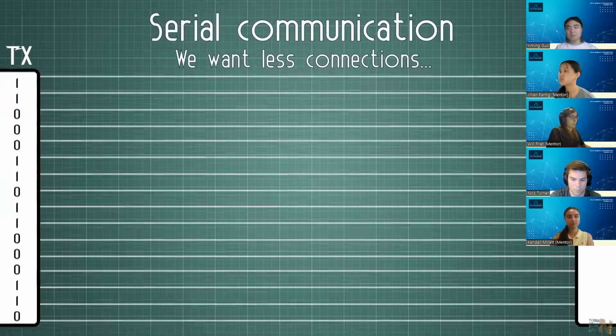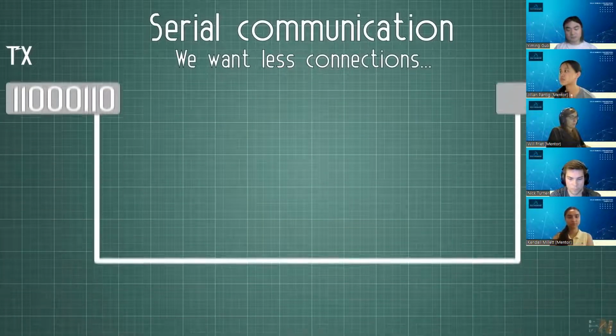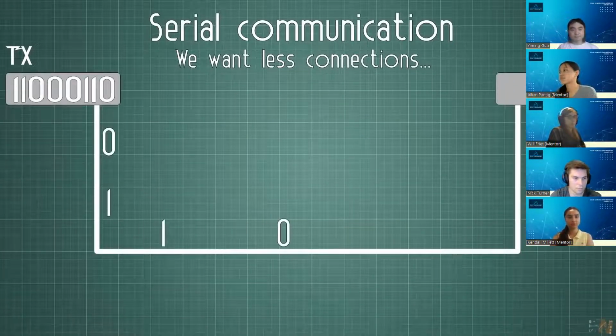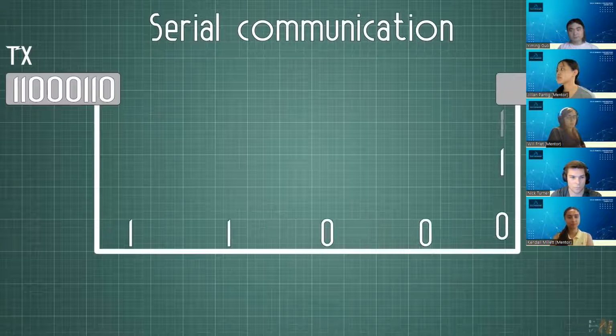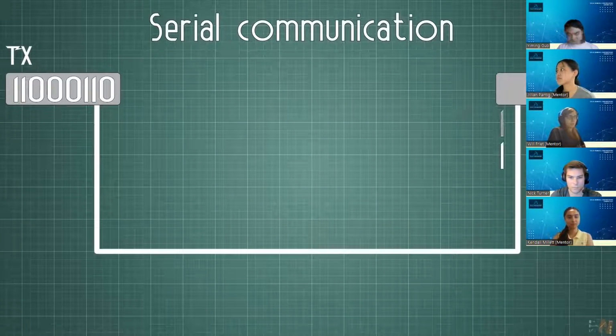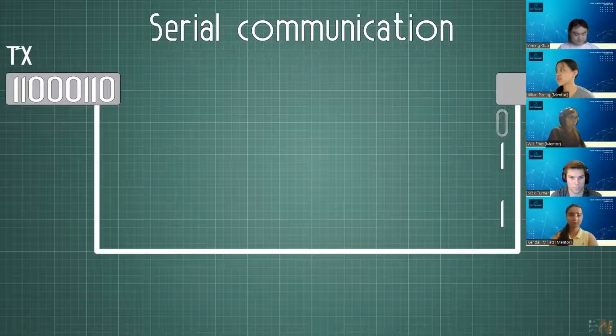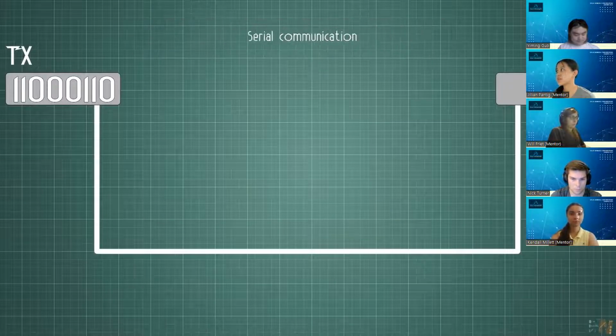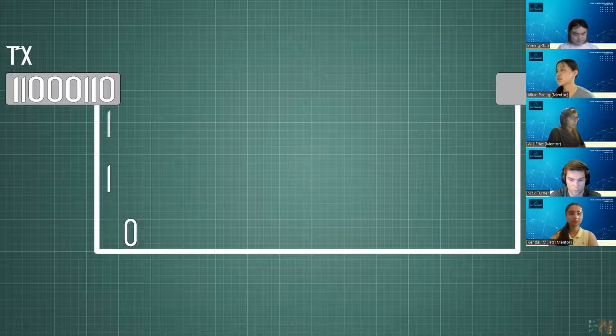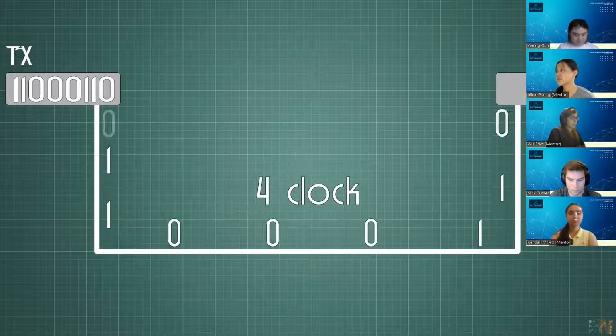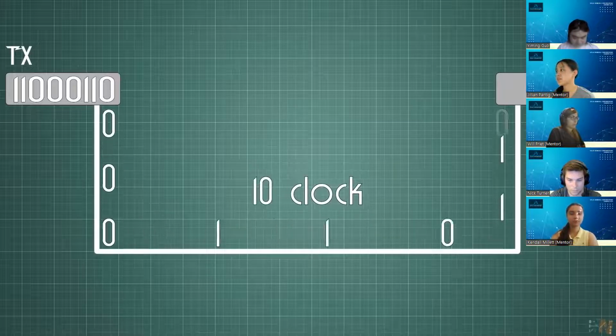So instead of sending the data each bit at the same time, what we will do is to place the bits in series, and then we send each one after the other using just one cable. But you could already see the downside of this type of communication. If we send 16 bits in parallel, we need only one clock pulse to send all the data. If we send the same data using serial communication, we will need 16 clock pulses to send the same amount of data.